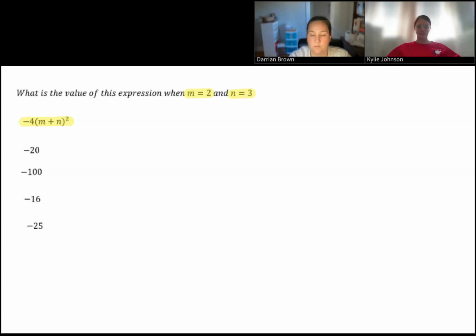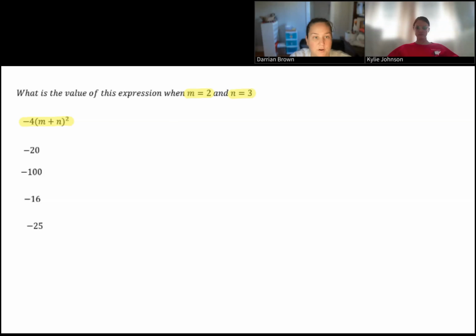So Gracie, what did you make on your unit test? If you did well on it, I'd say no, probably not. If not, then yes. Okay, so anytime you have a problem like this where you see these variables, you want to plug in the value that they give you for the variables.